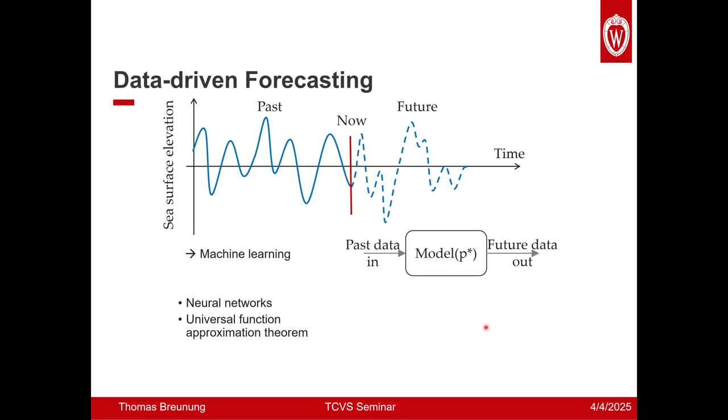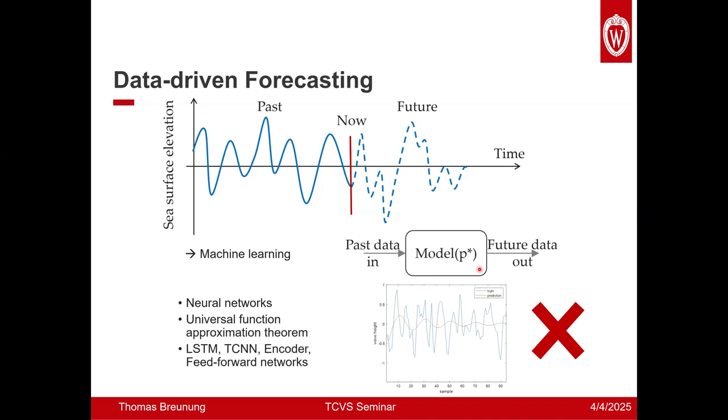So we can view the measurements of the past sea surface elevation and the future data, with the model in between, as some sort of functional relationship. And so neural networks, as universal function approximators, should be well set to do the task: extract the patterns of the previous waves and then predict future waves.